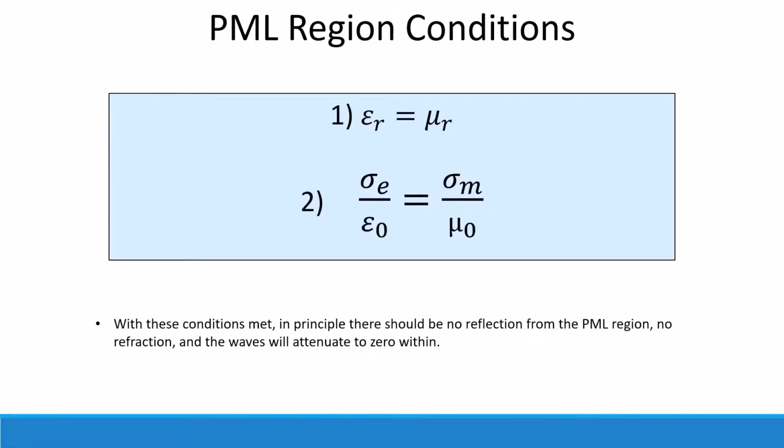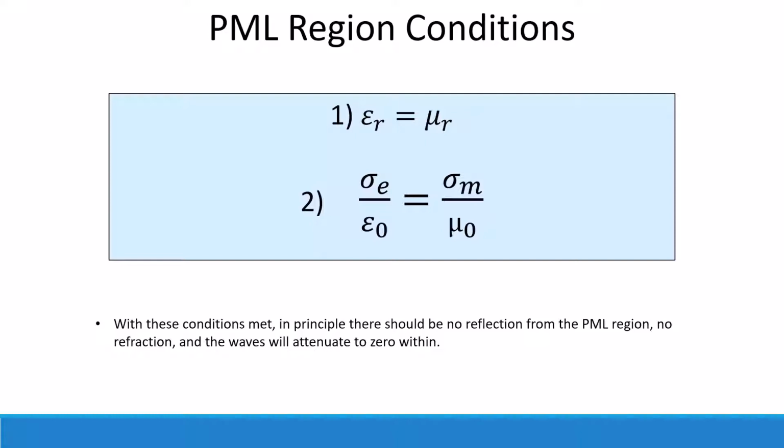So summarizing here, the two conditions we need to meet for the PML region are we need to match the relative permittivity and permeability within the PML region, and it should be the same as the incident medium, and then we define our conductivities.